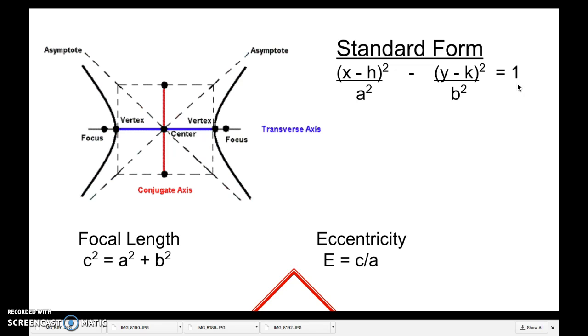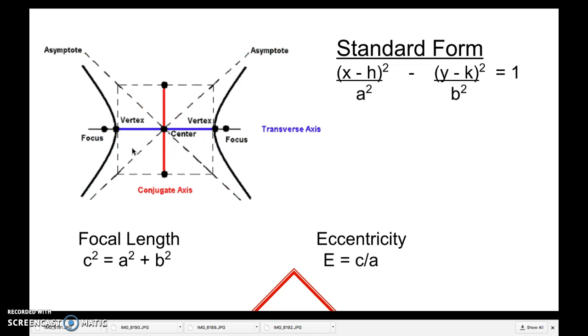I might be curious, how do I know where the transverse axis goes? Is it always horizontal? In this picture, it's horizontal, which means the hyperbola is drawn on the horizontal axis or parallel to the horizontal axis, depending on the position.